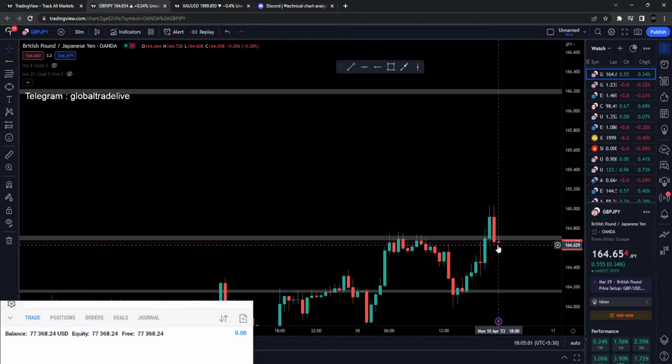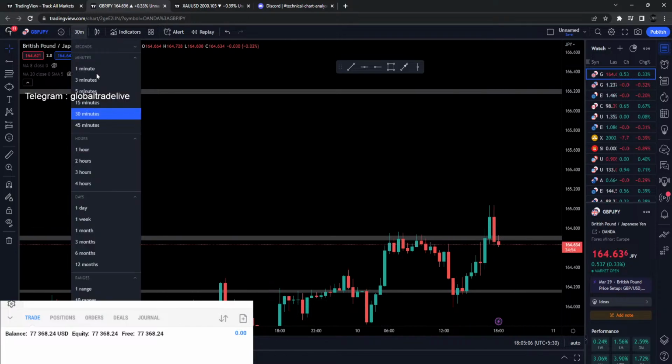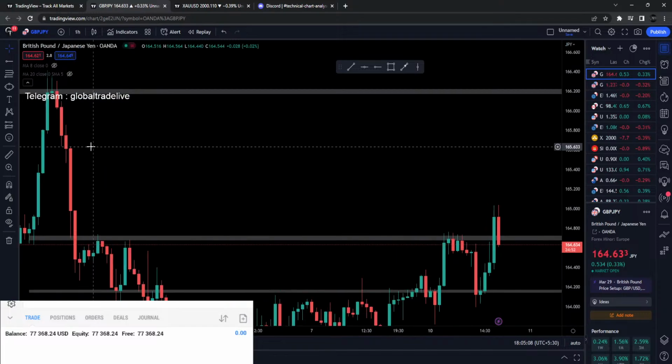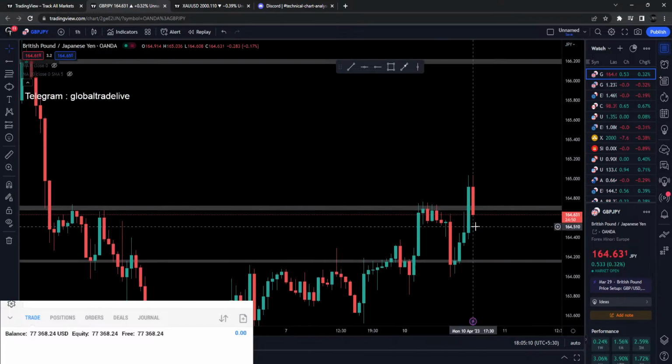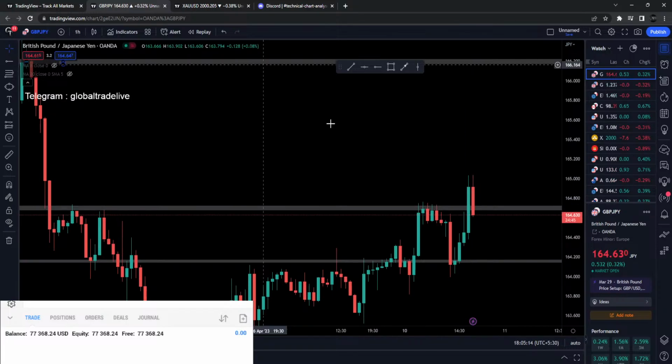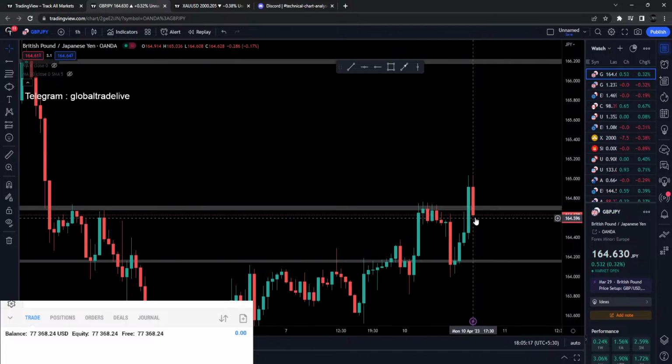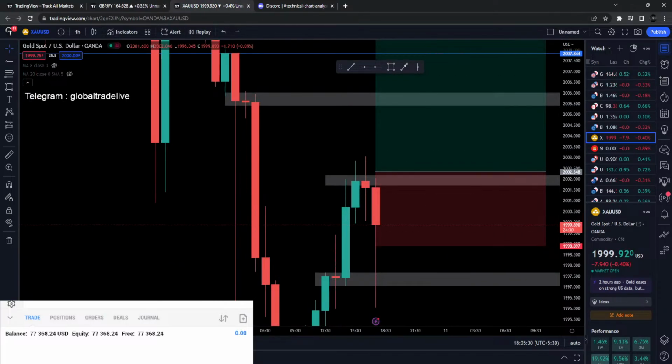Okay, but I'm gonna take a trade on the basis of 30 minutes, because 1 hour looks more promising, because this 1 hour candle can be closed over here, and if that will be the case, then 30-minute candle will be closing like a small bullish candle just to create a resistance in the 30-minute. So that might be the case, so I'm gonna just wait for some more confirmations.